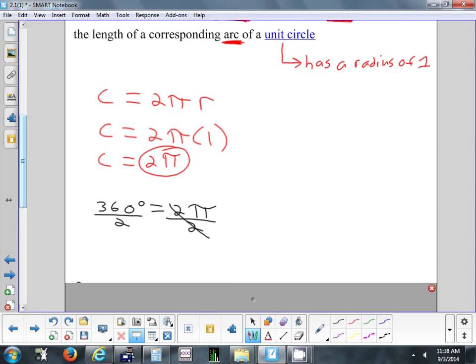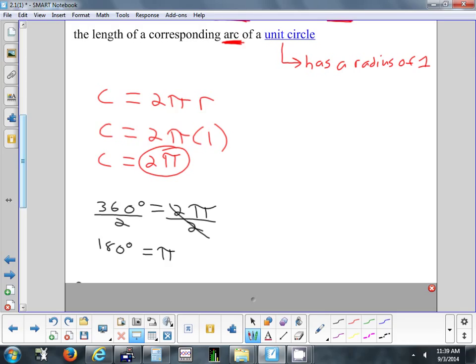So now we have 180 degrees. Half of a circle is pi radians. So that's better, it's reduced, but it's still not equal to 1. Whenever you're doing a conversion, think about any conversion you know. It probably has a 1 in it. In 1 minute, 60 seconds. 1 day, 24 hours. 1 year, 365 days. 1 mile, 5,280 feet.